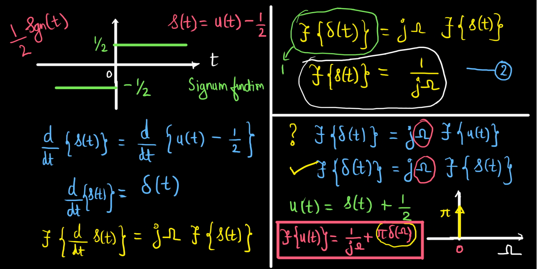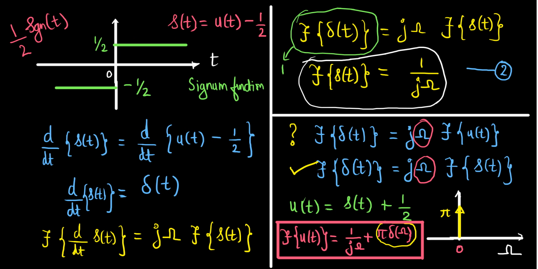Now we calculated the Fourier transform of a shifted version of the unit step signal, called the Signum function, and we obtained the same equation, 1 upon j omega.